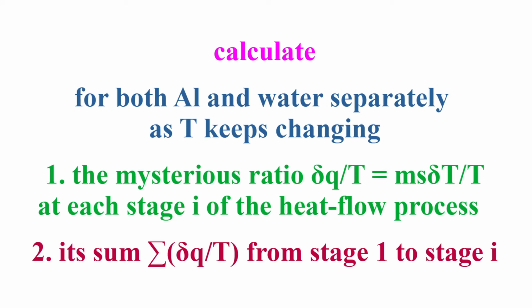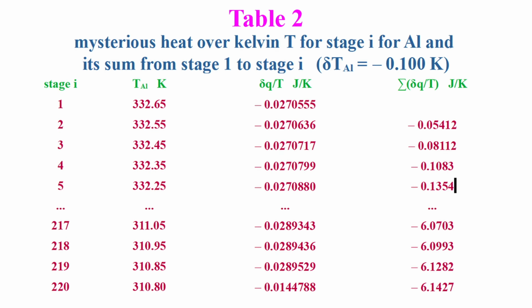Next, we need to calculate separately for both aluminum and water the Clausius mysterious ratio of heat over Kelvin temperature mentioned in part 1, which is del Q over T equal to ms del T over T at each stage I of the process, as well as its sum from stage 1 up to the given stage I. Table 2 shows the results for aluminum.